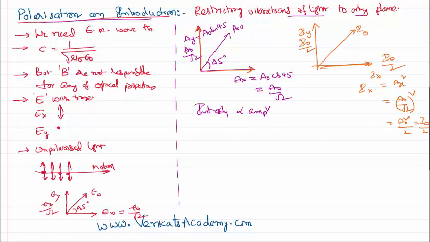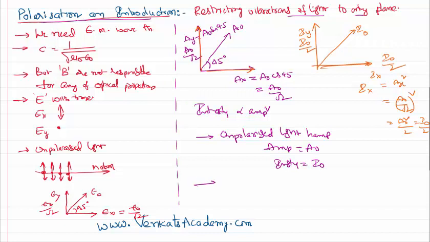So now if you restrict the vibrations of the light to only one plane: the unpolarized light has an amplitude of A naught and an intensity of I naught. The phenomenon of restricting the vibration of light to one plane is called polarization.